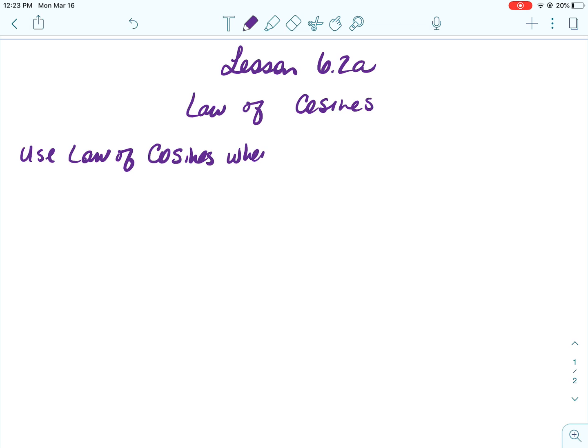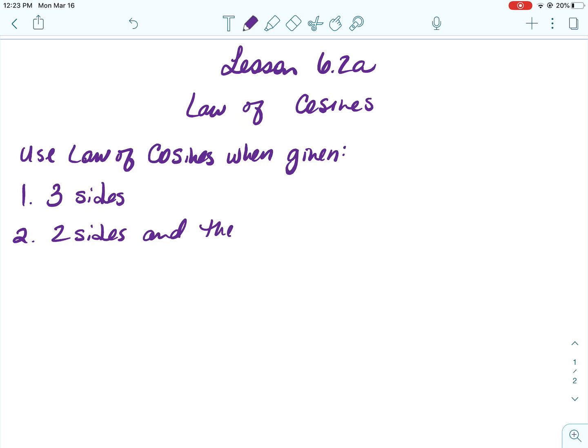So we're going to use law of cosines at different times. We use that when you're given three sides, or when you're given two sides and their included angle.